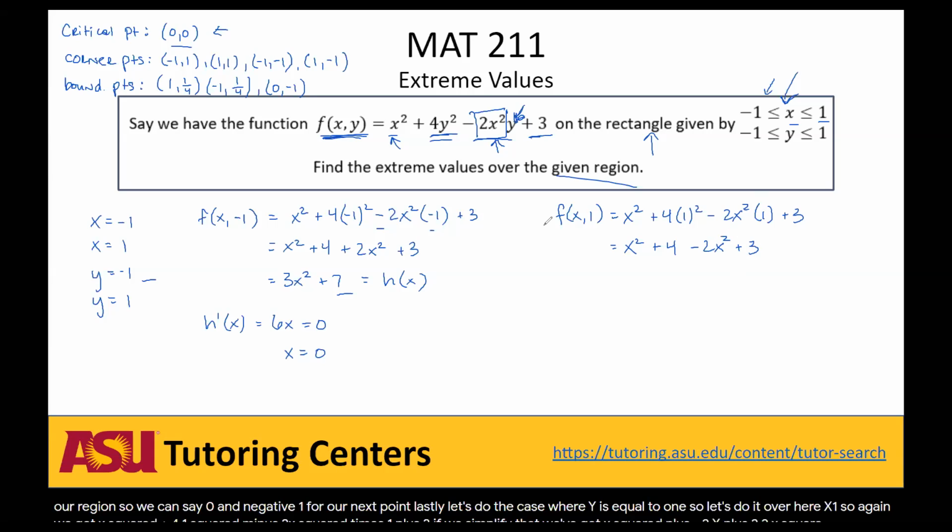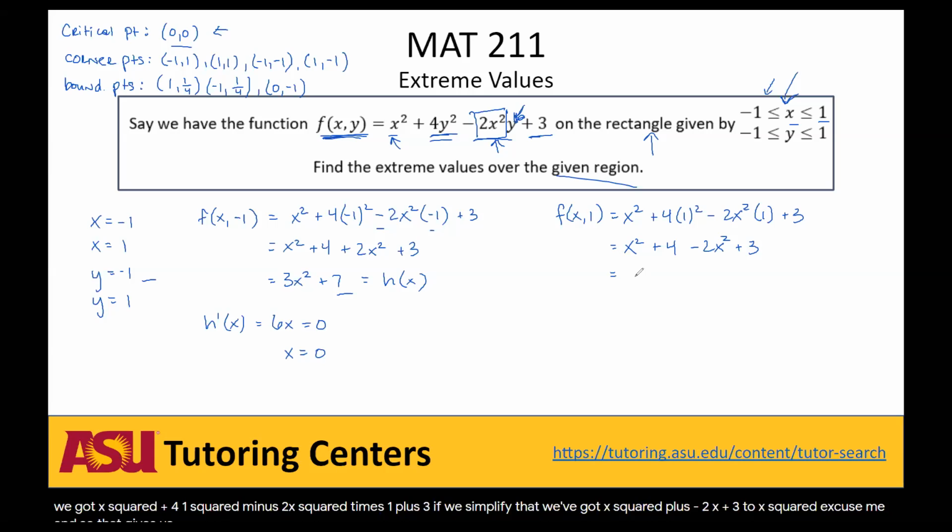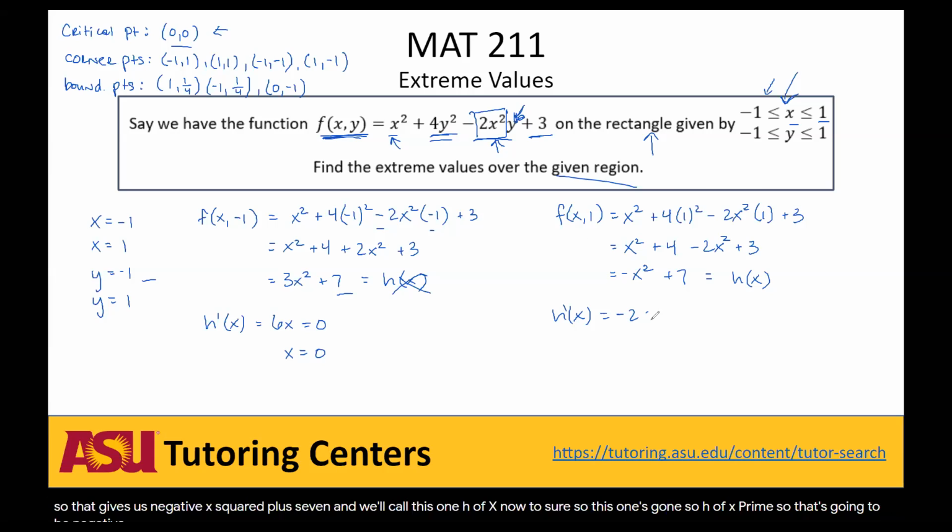And so that gives us negative x squared plus 7. And we'll call this one h of x now too, sure. So h of x prime is going to be -2x, and let's set that equal to 0. We see once again that x is equal to 0. So we have the point 0 and 1 as well.